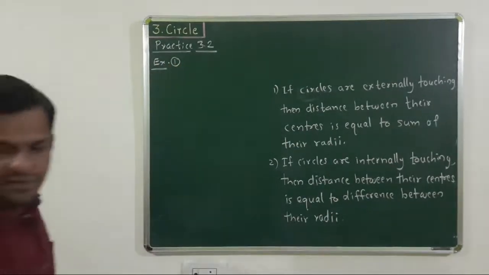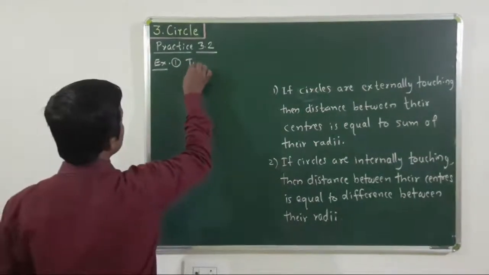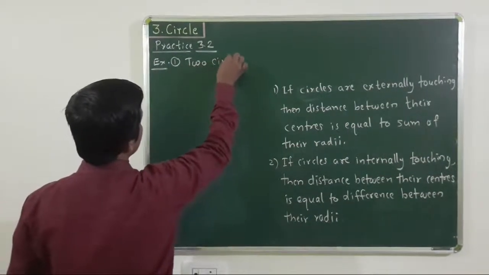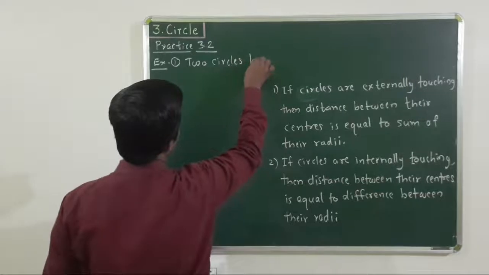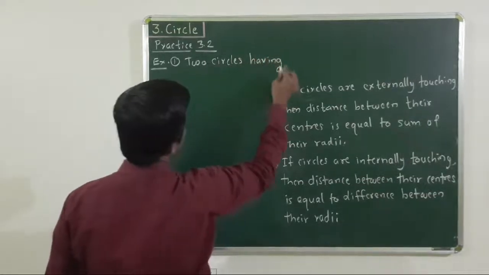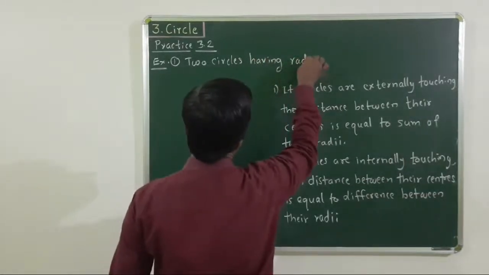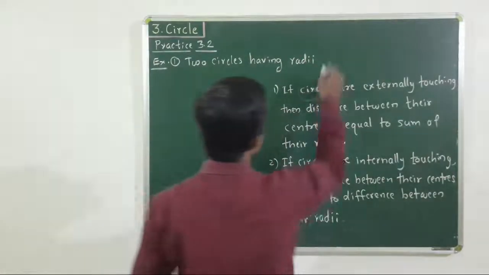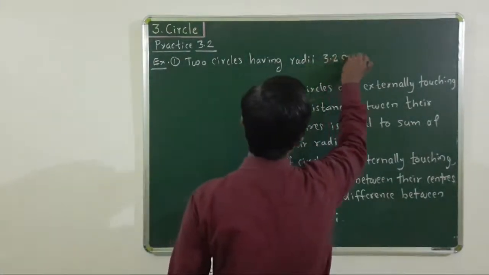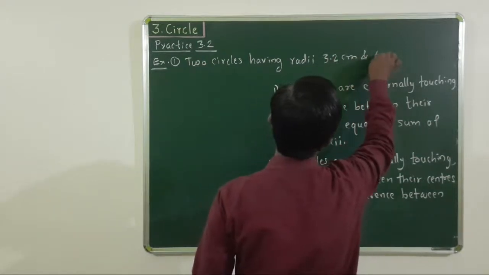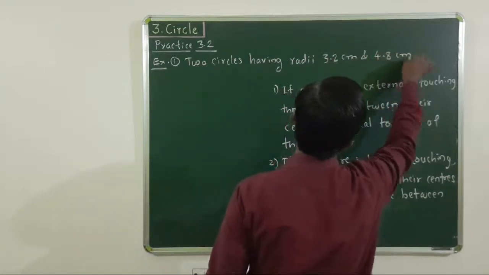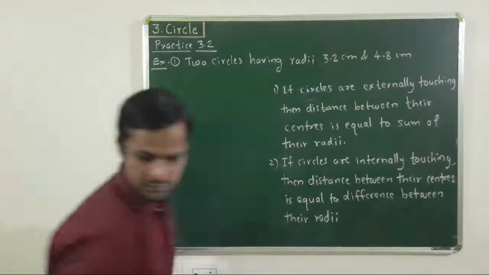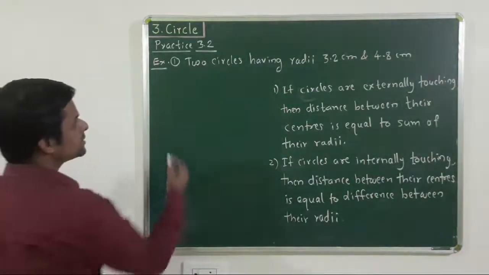Two circles having radii 3.2 centimeter and 4.8 centimeter touch each other internally.